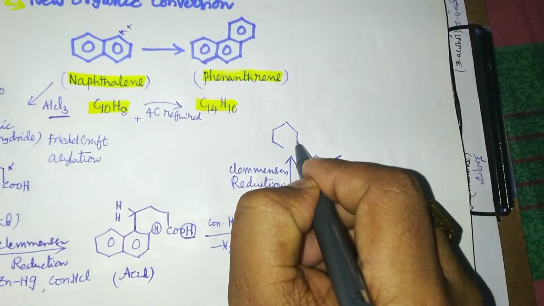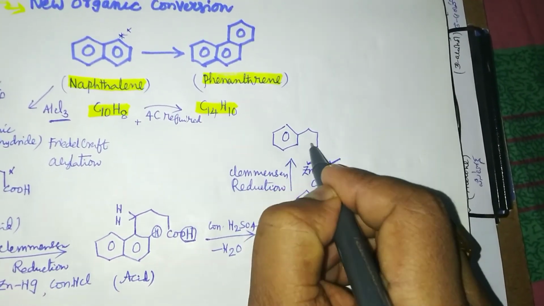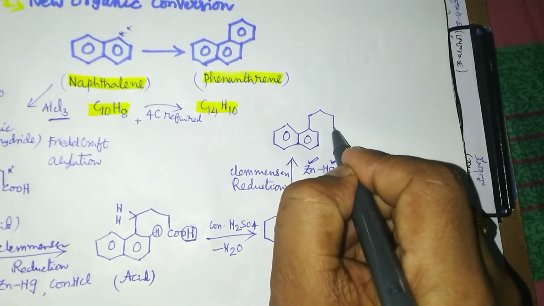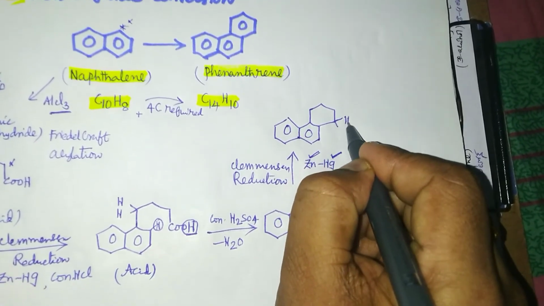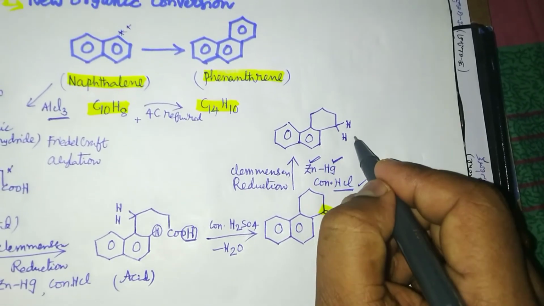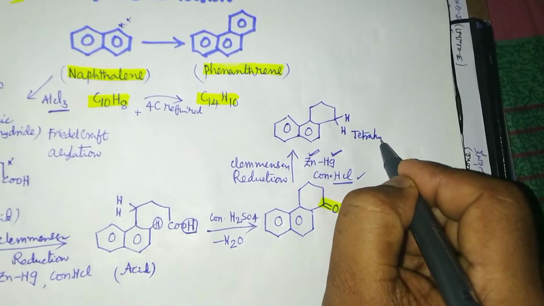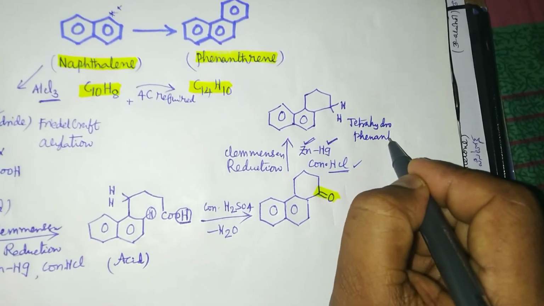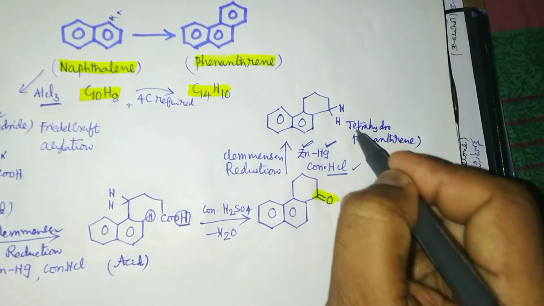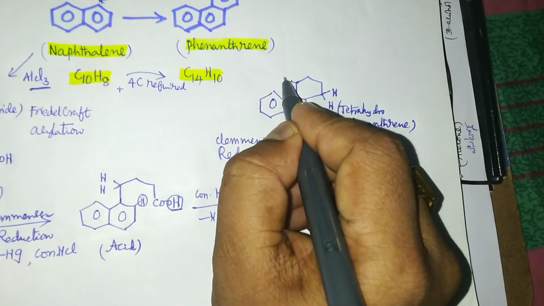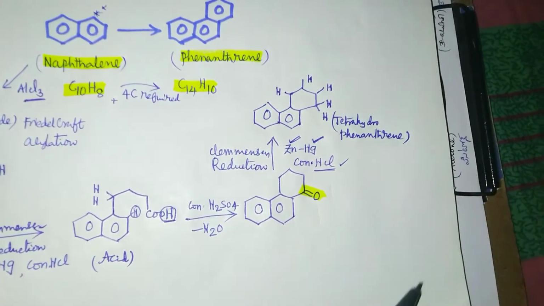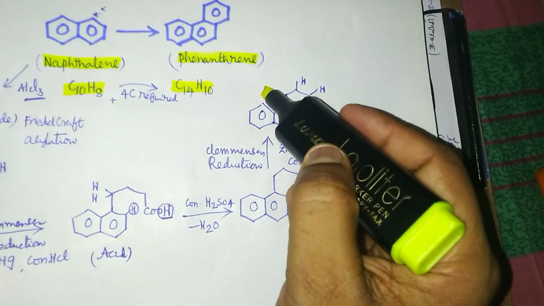So see this, the CH2 group. It is a tetrahydrophenanthrene.